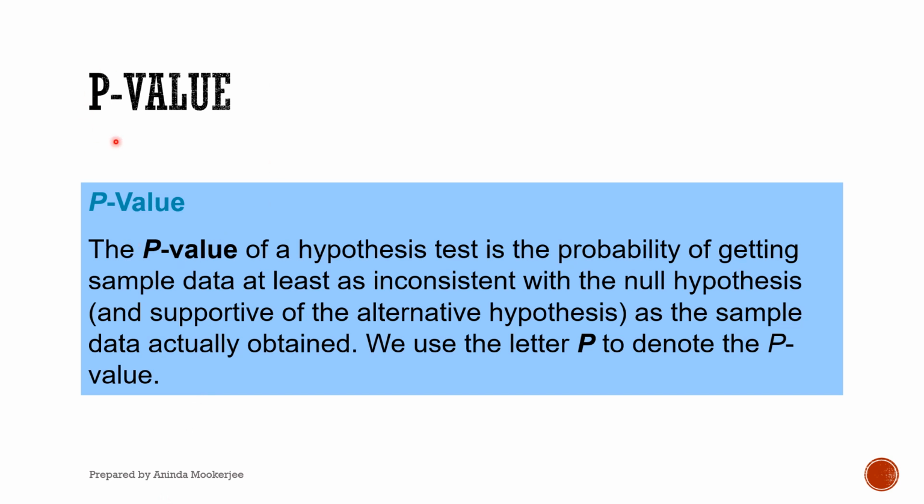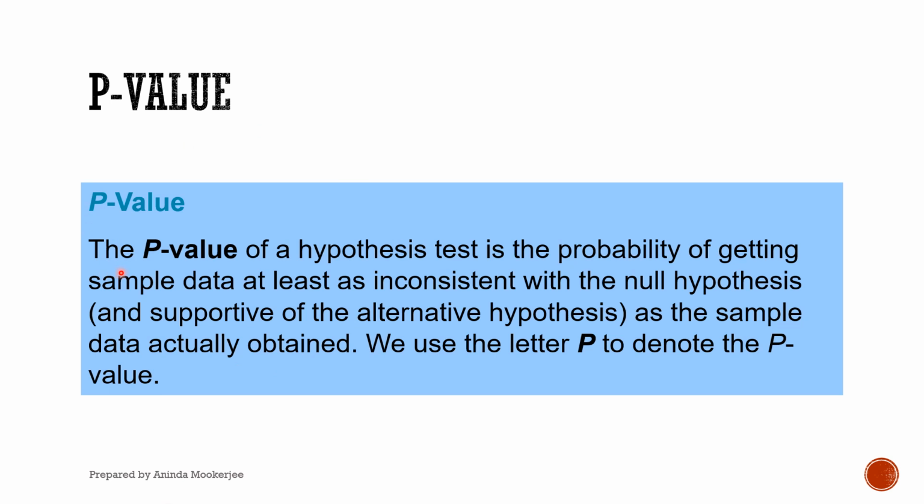Now we'll talk about the other approach in hypothesis testing, and it's called the p-value approach. Now the P stands for probability. So I'm going to explain a little bit what this p-value is about.